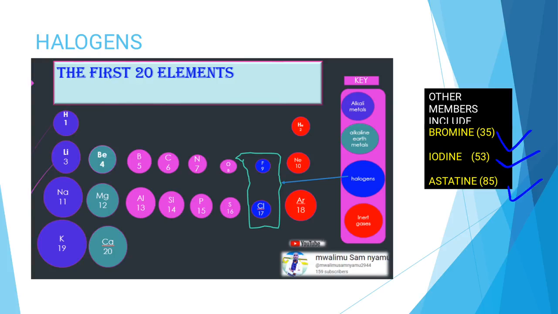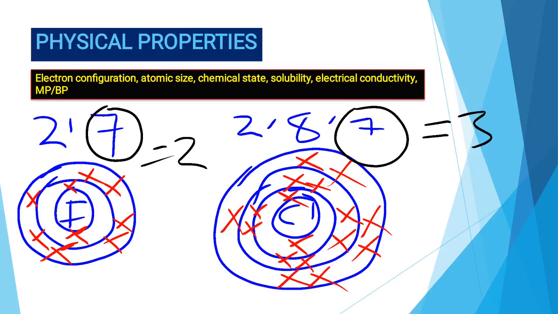The first member is fluorine, which is a gas, followed by chlorine, which is also a gas, and then we have bromine, which is a liquid, and then iodine and astatine are solids. Why do we have that trend? It's because all these members are molecular substances, and as you go down the group, there is an increase in the intermolecular forces.